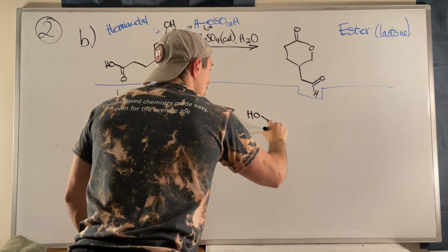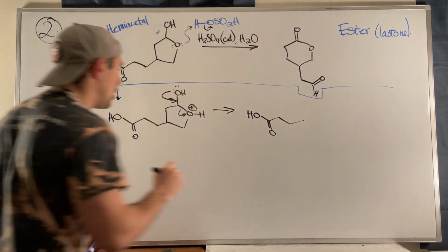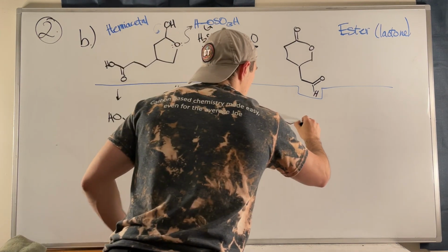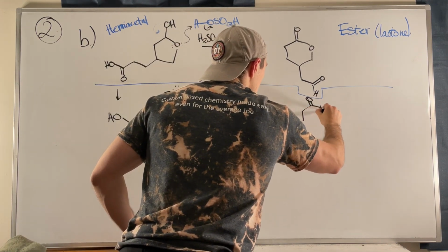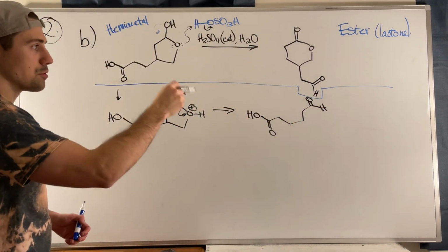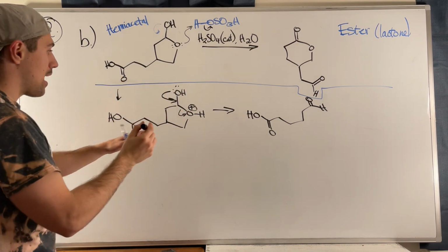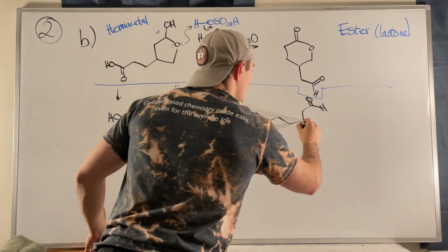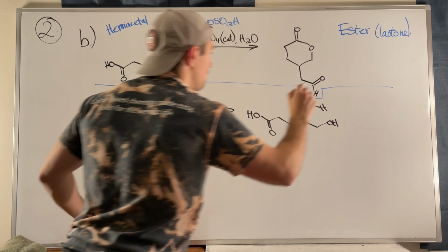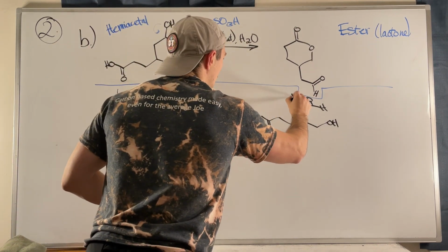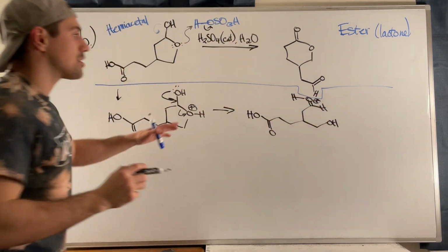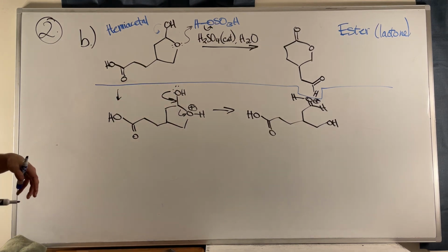So the carboxylic acid is still just waiting oh so patiently. So now what we have up here is an aldehyde, okay? I kind of drew it, it's a short aldehyde, and then just one carbon and then an OH, okay? And what I forgot to draw is that the aldehyde still has a positive charge because that hydrogen is still present on it.